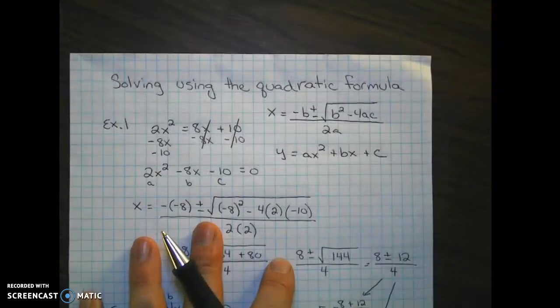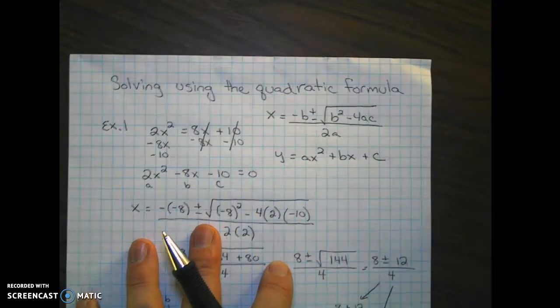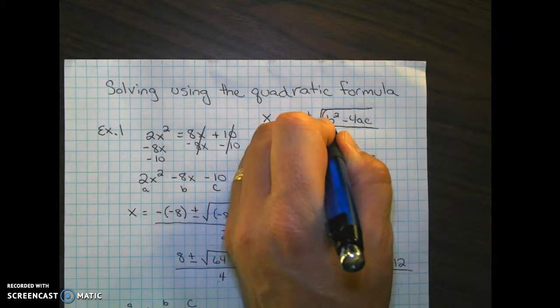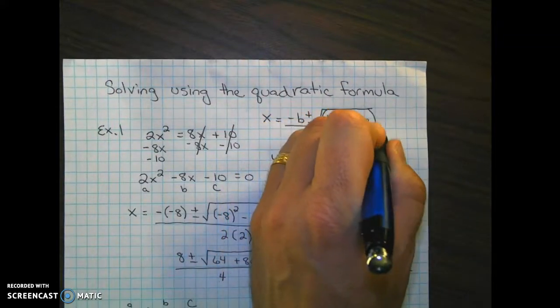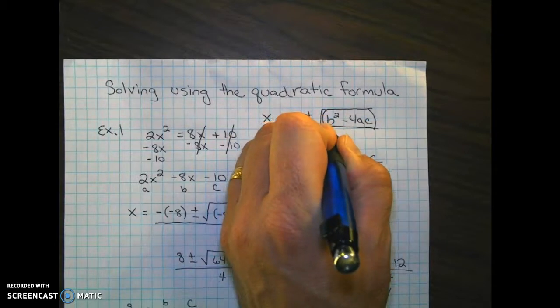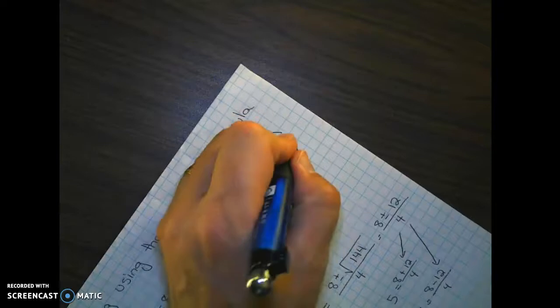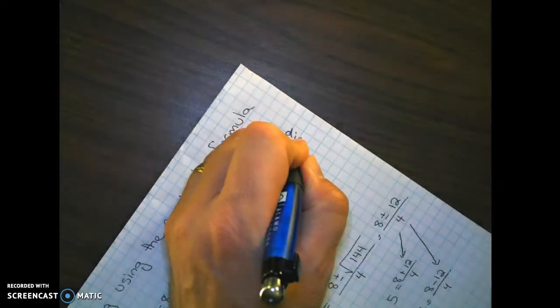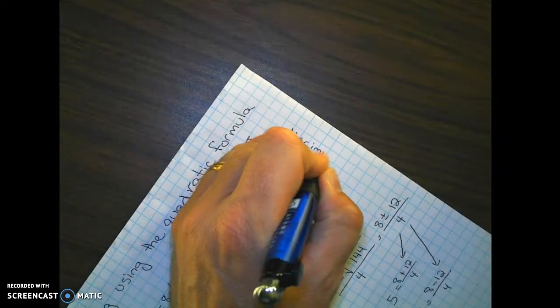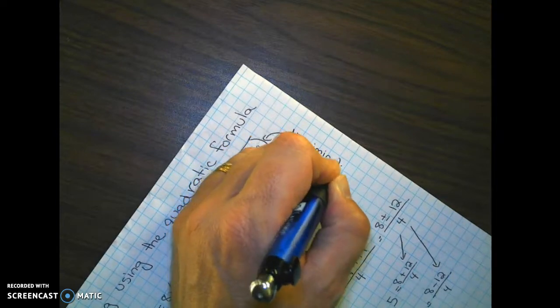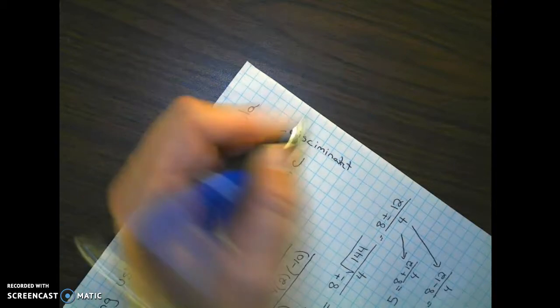Okay, the next thing I want to cover really quick, and I am taking a long time on this video, a lot of information, but you need to know that this under here, under the radical, this portion right here, this is known as the discriminant. Discriminant. I can't spell. Discriminant.